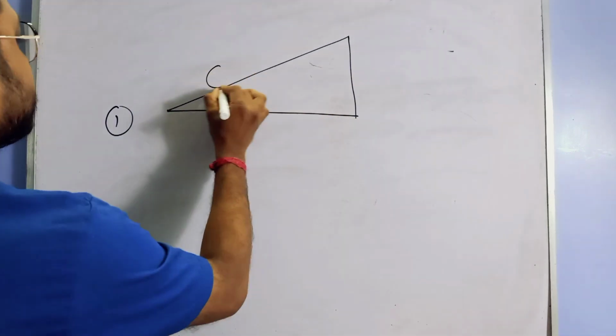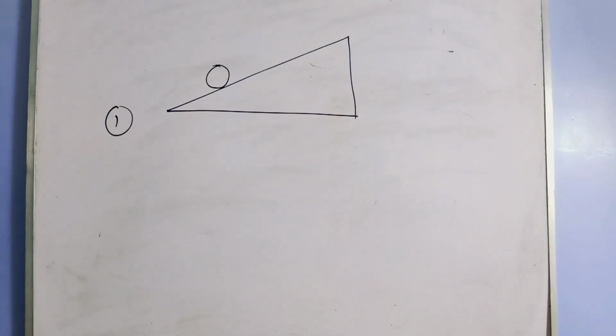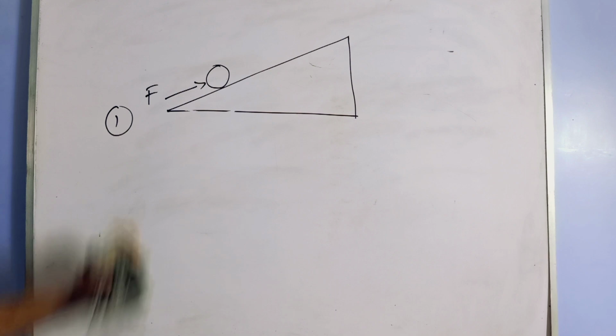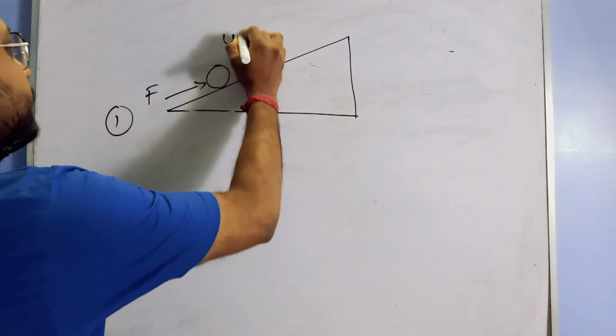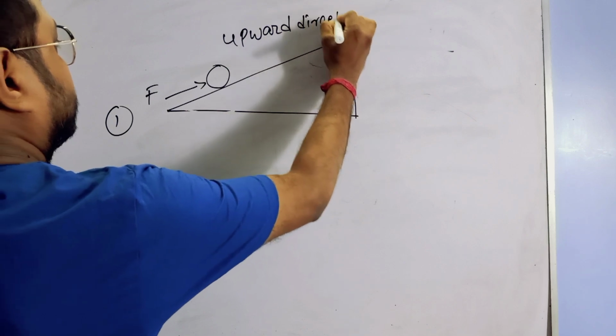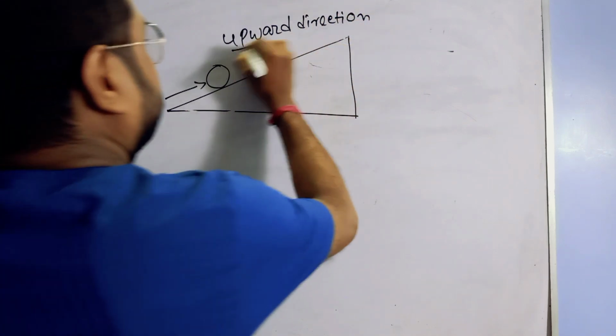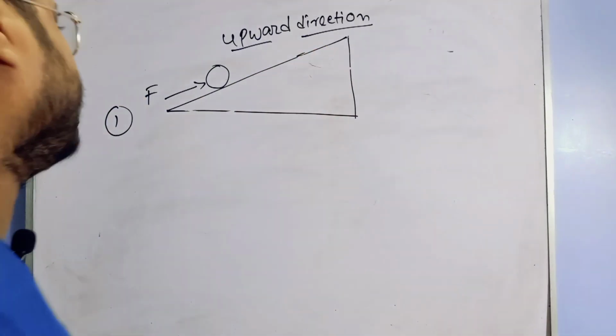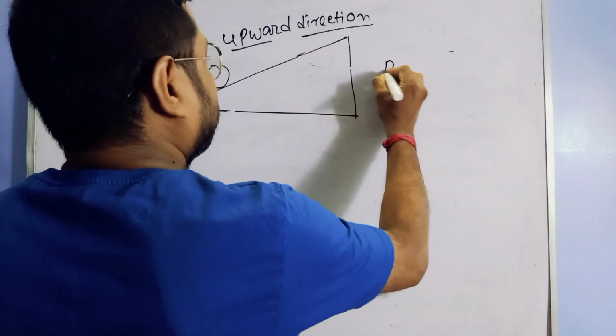Suppose a ball is placed on an inclined plane and an external force F pushes the ball in the upward direction. Then its velocity decreases with time, so it is retarded.